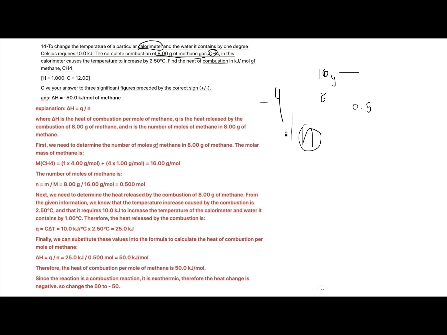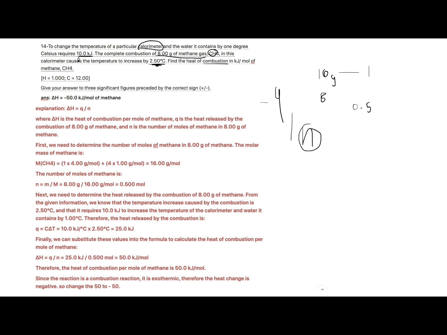Okay, now to find our Q. Q is the heat released by the combustion. It's given 2.5 degrees Celsius, and every 1 degree Celsius requires 10 kilojoules, right? So logically, we have to multiply them.